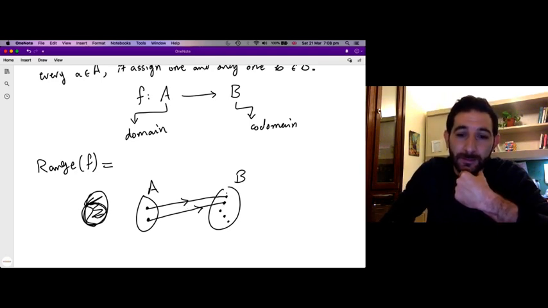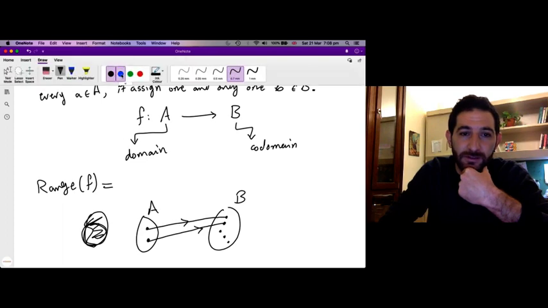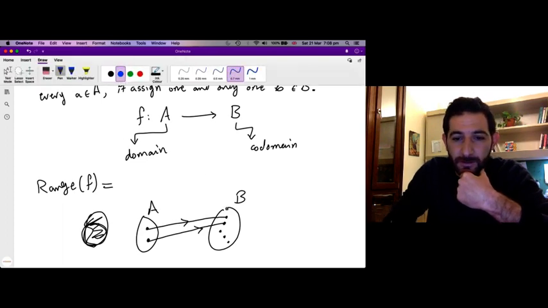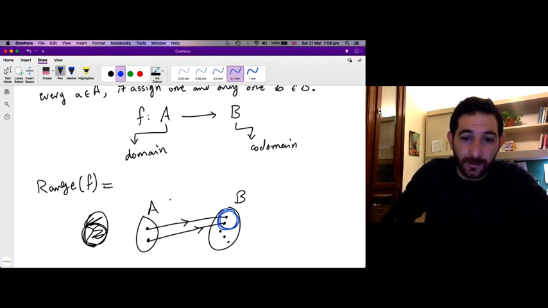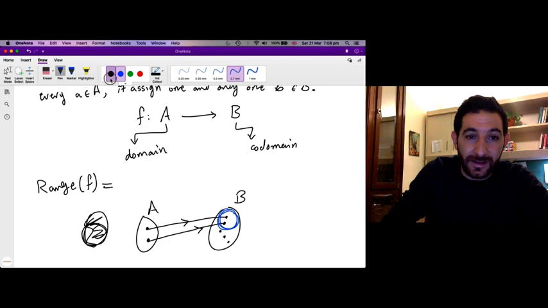And now if we collect, let me use a different color now, let's say here is the blue. If you collect these, what are these? These are the images. Look, these are the only ones in B which have pre-images, or if you want, these are the only ones which are images of elements in A. Then this set which contains all the images is called the range of f.